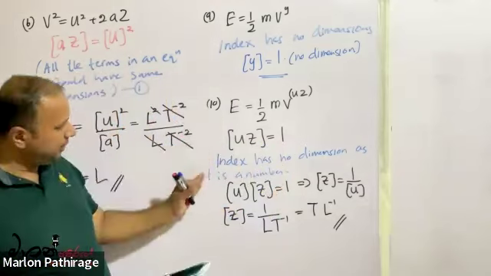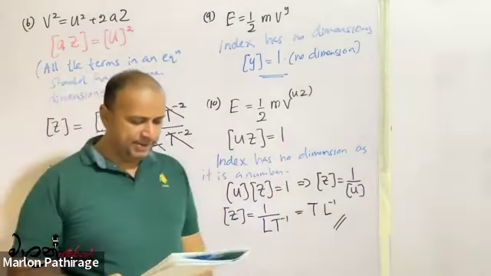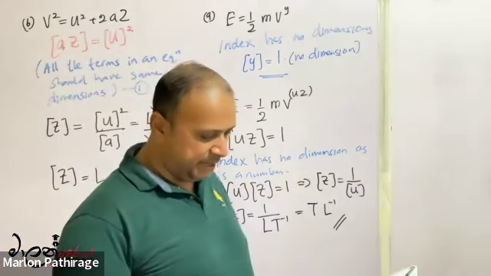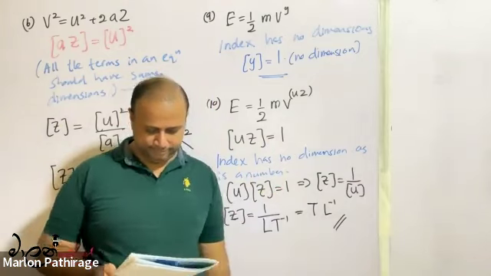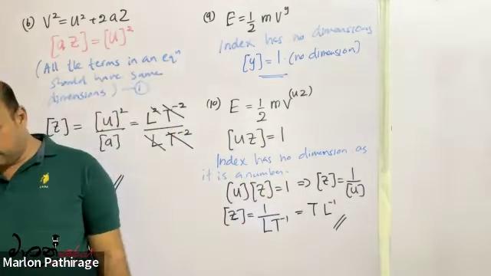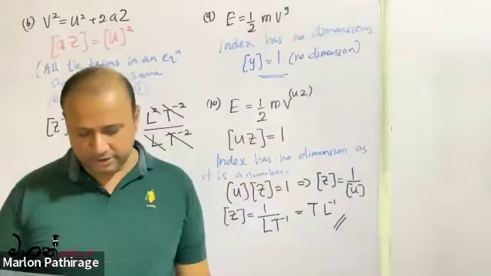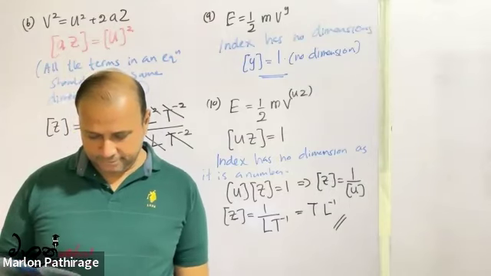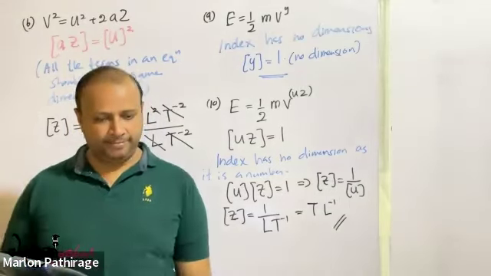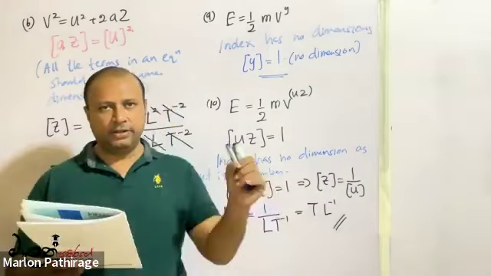Using this argument, you can try question number 11 and 12, as well as 13. Okay, you can go up to 14. 11, 12, 13, 14.